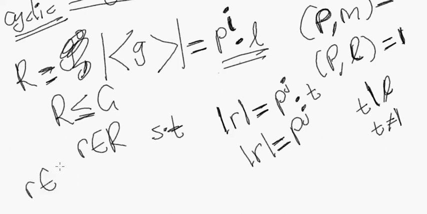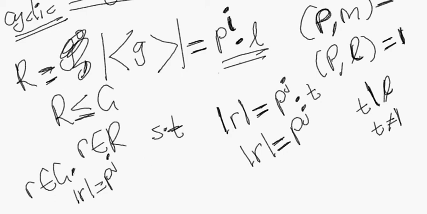If r is an element of G, and we found an element r whose order is just P to the J, weren't we then mistaken in assuming that there is no element in the group G such that the order of that element is P to the J, right?